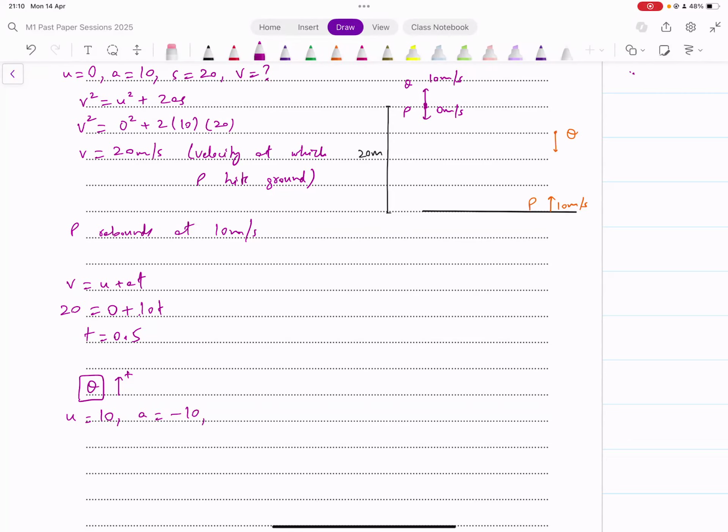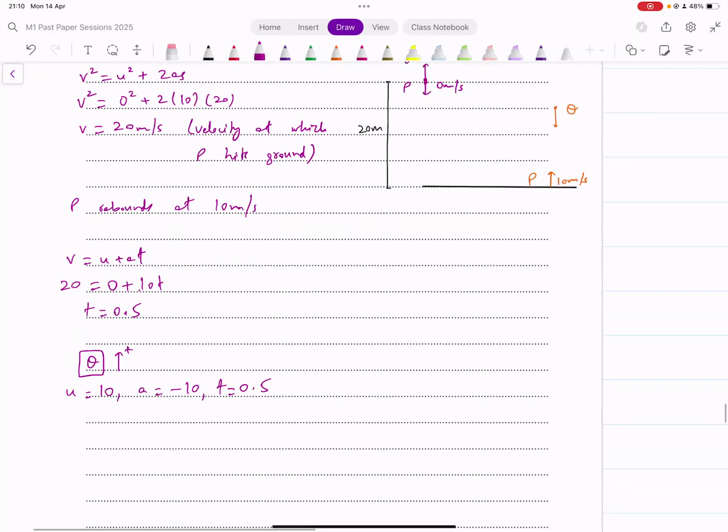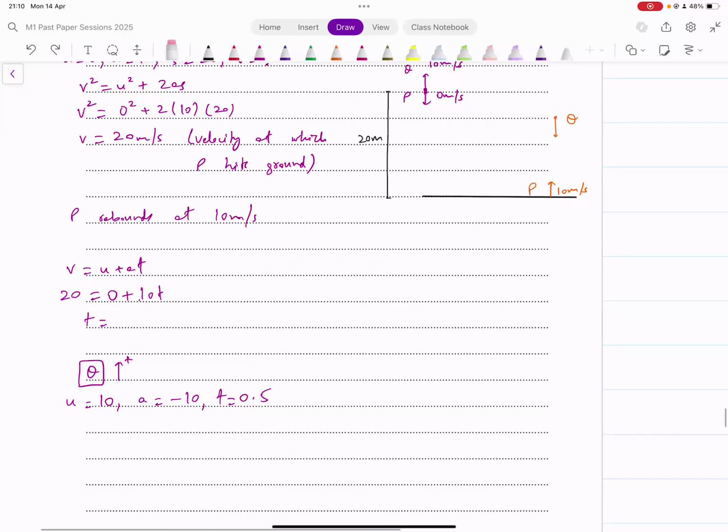What else do we know? We know the time taken now. Time is 0.5. Let's see what we get from this. Yeah, T is 2. I'm sorry, that's 2, 20 over 10. That should have been 2 here. Thank you for pointing that out. Time is 2 here, not 0.5.